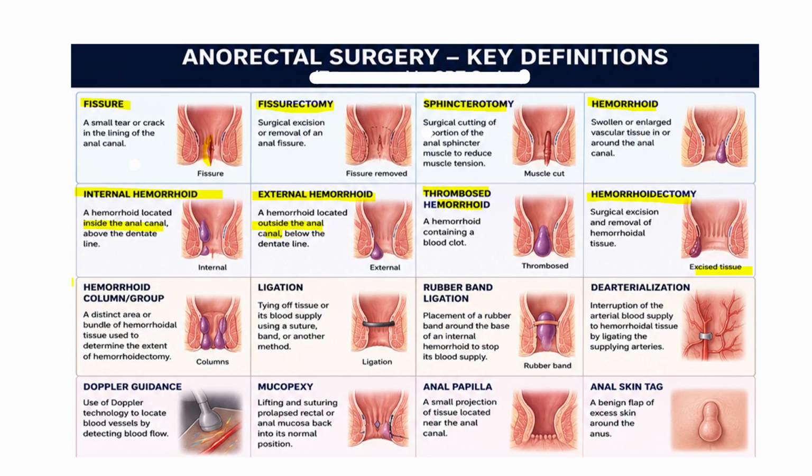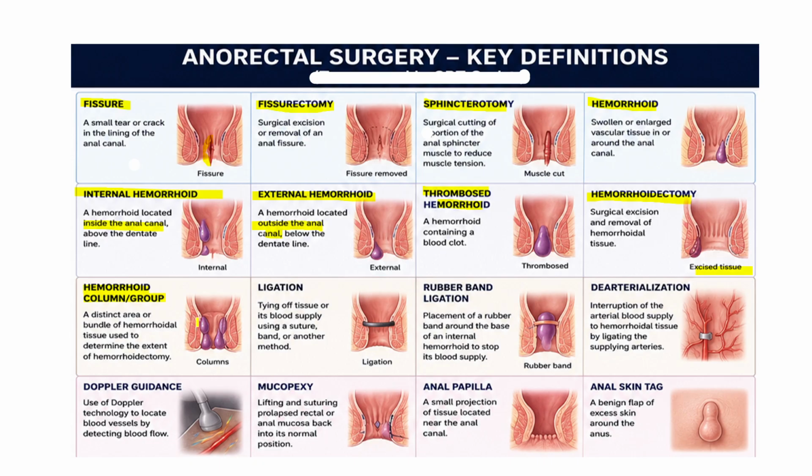Next we have the hemorrhoid column or groove, which is important. You need to be aware of the external, internal, thrombosed, and hemorrhoid column or groove. What is a hemorrhoid column? When a bundle of hemorrhoids is present together, we call it a hemorrhoid column.